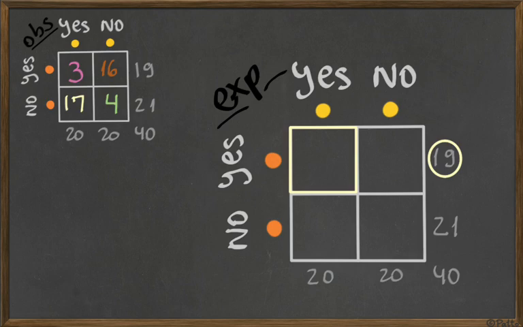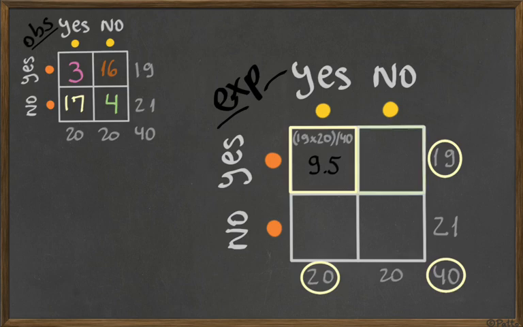I get the total for that row, 19, multiply by 20, which is the total of that column, and divide by the overall total, which in this case is 40. So 19 times 20 divided by 40 equals 9.5. If this distribution was happening by chance, we would expect 9.5 here.